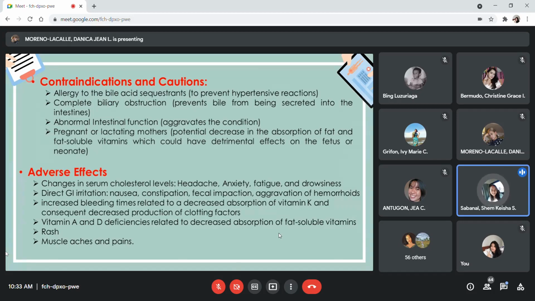We also have vitamin A and vitamin D deficiencies, rash, muscle aches, and pains. Actually, it is not only vitamins A and D that become deficient. All our fat-soluble vitamins are affected by bile acid sequestrants because, again, they bind fat in our intestines. So there is decreased absorption of vitamins A, K, E, and D, which are all fat-soluble. So let us move on to the next slide.